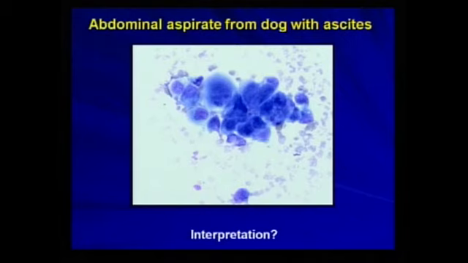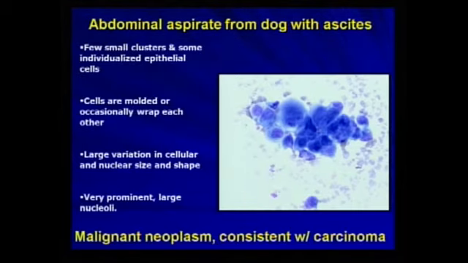The cells are clustered, so high on my differential diagnosis would be some form of carcinoma. I would have to also consider the possibility of mesothelioma here. A lot of times mesothelioma cells will be clustered, but they will be in even numbers like 2 or 4 or 6 or 8. The cells often have a fairly prominent, almost glowing border to them.